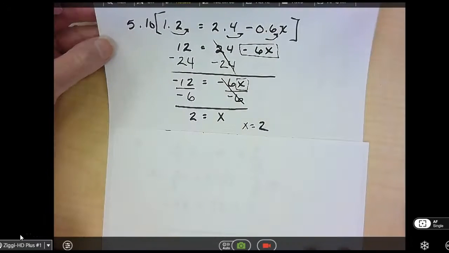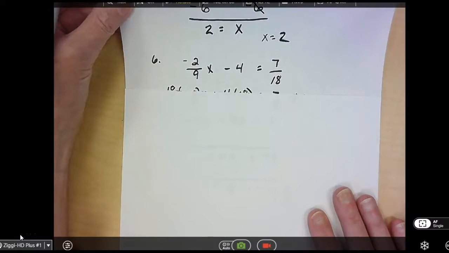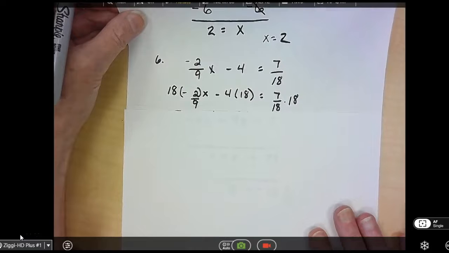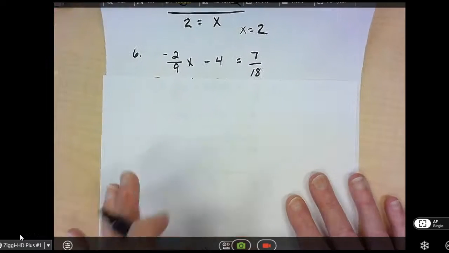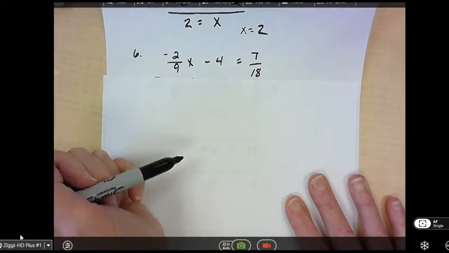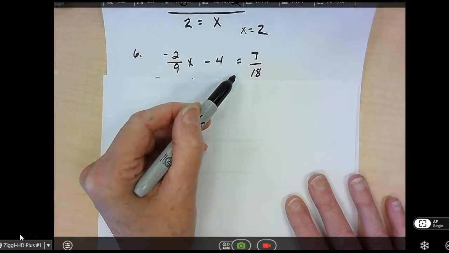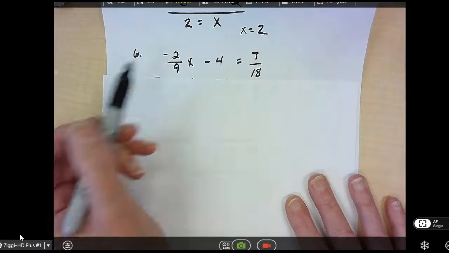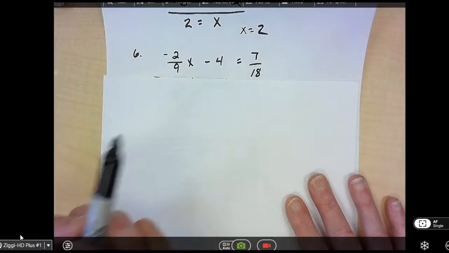So on that one, we eliminated our decimals. So we're going to do a fraction problem where we're going to eliminate our fraction. Okay, so now it's working again. Problem 6. -2/9 x minus 4 equals 7/18. So I have denominators of 9 and 18.